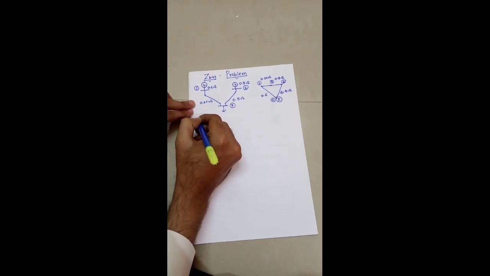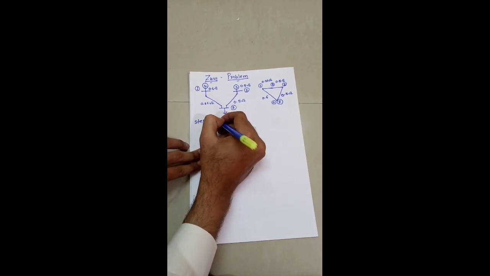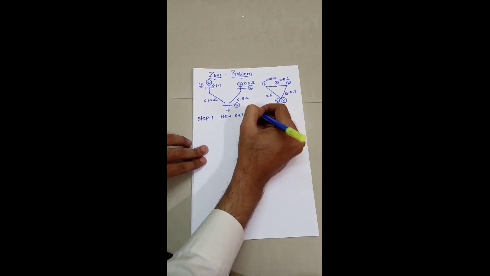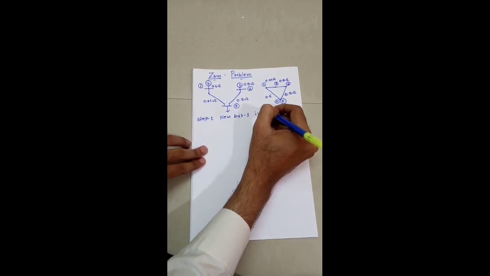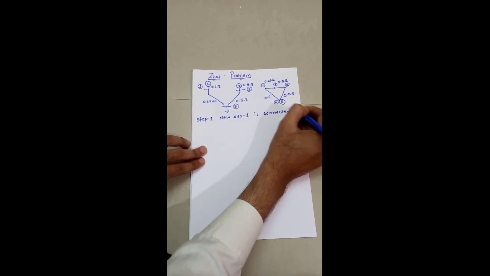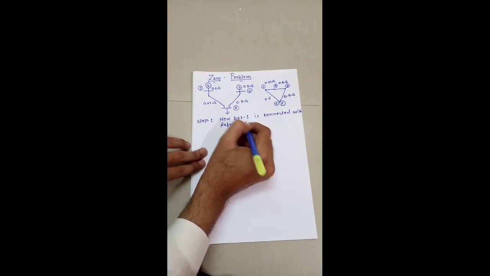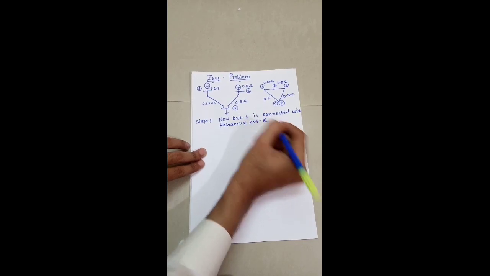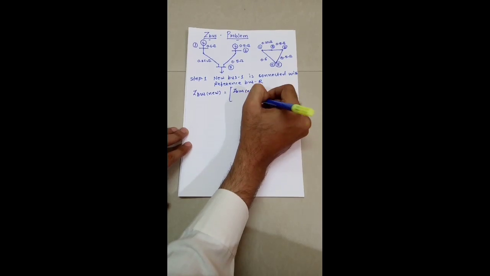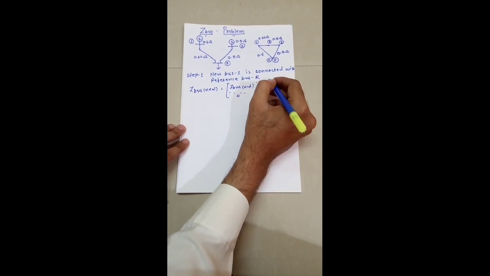Step 1. The new bus 1 is connected with reference bus R. Z bus new is equal to [Z bus old, 0; 0, ZB].